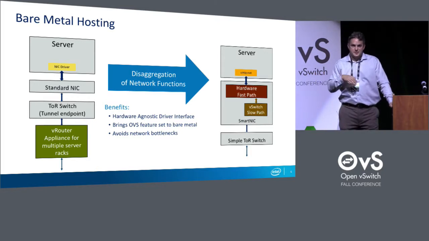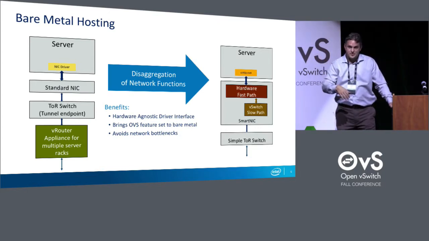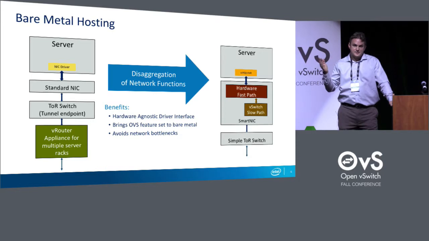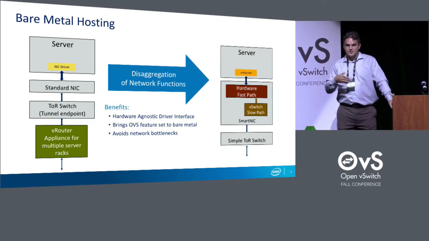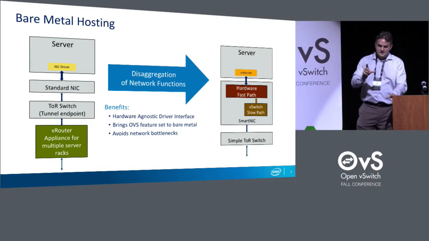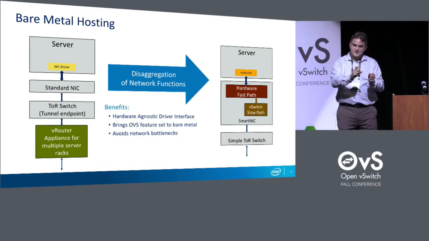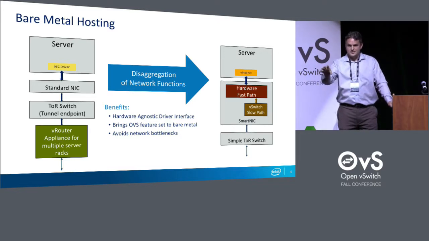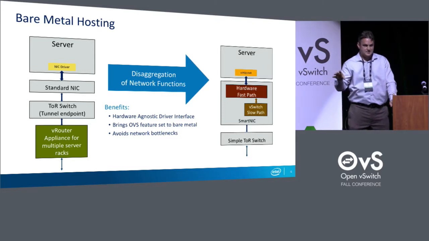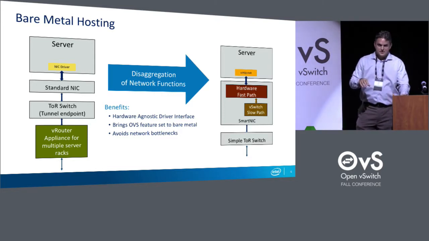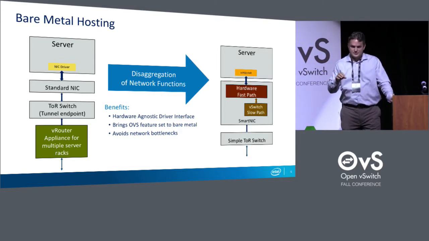And if I'm an end customer buying bare metal, and next week I decide I want to move my function to VMs because they're cheaper, or I don't need the bare metal service anymore, it's easy for me to move it around because it's the same interface. And I've taken that virtual router that used to be sitting in the network and put it right at the edge of that bare metal. So I know that I have enough bandwidth, I know I can handle the packets per second, so you get a much more predictable network as well.